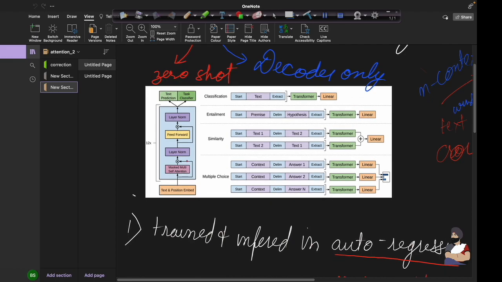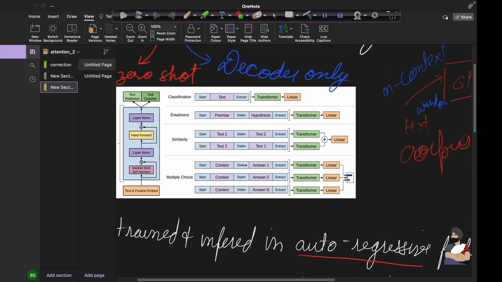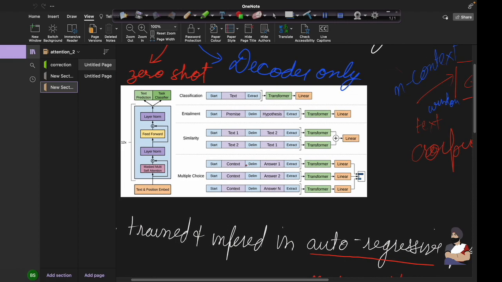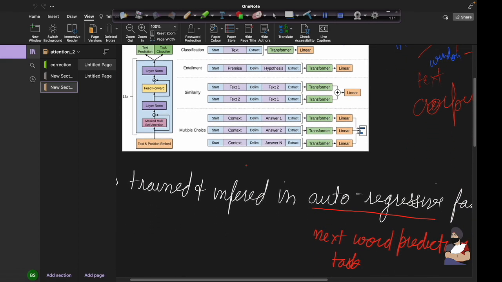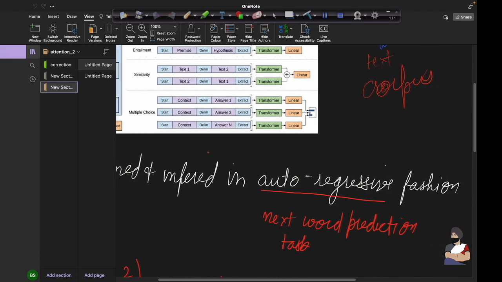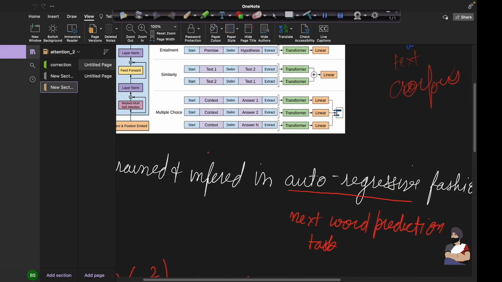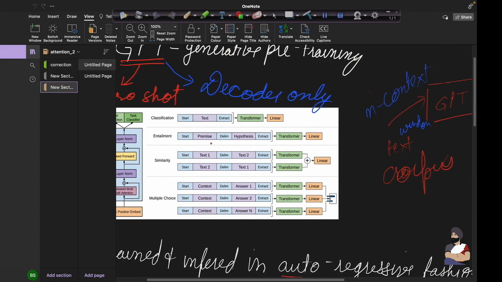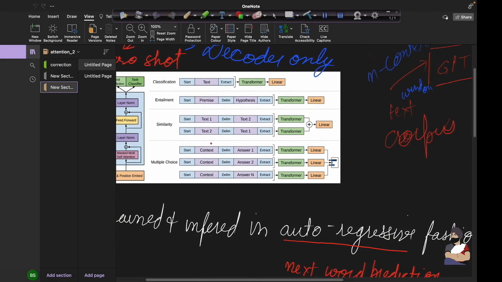One thing that differs from the encoder part is that it has a masked multi-head self attention. Masking is done to prevent it from attending to the future tokens. This GPT model is trained and inferred in an autoregressive fashion, which I have already explained.